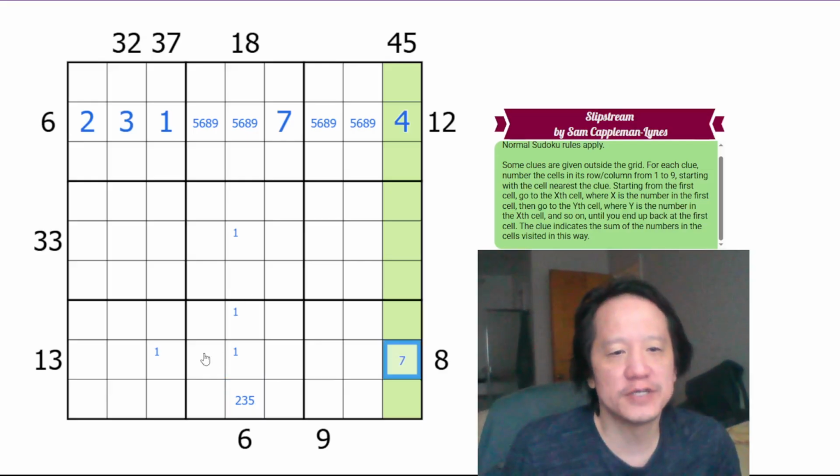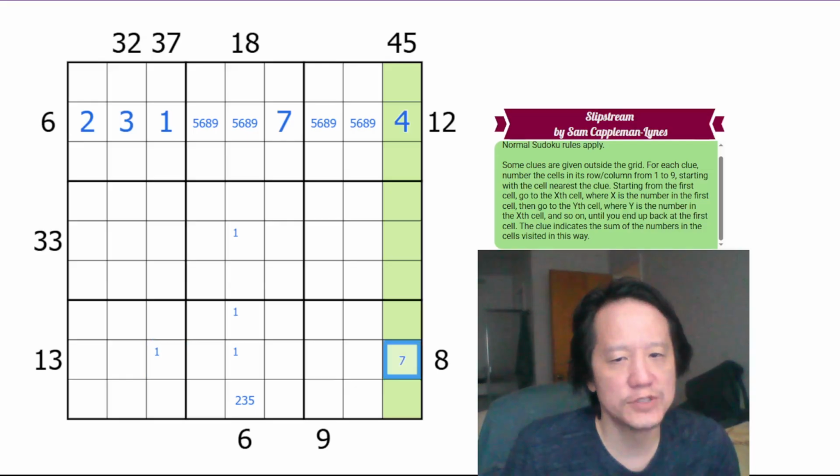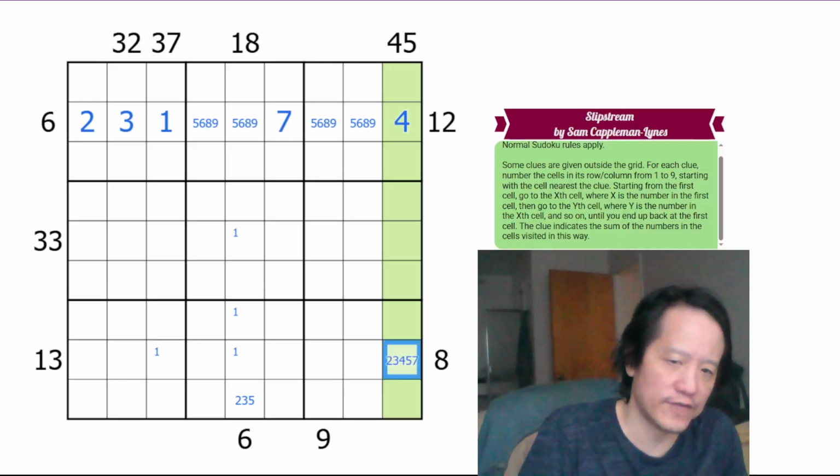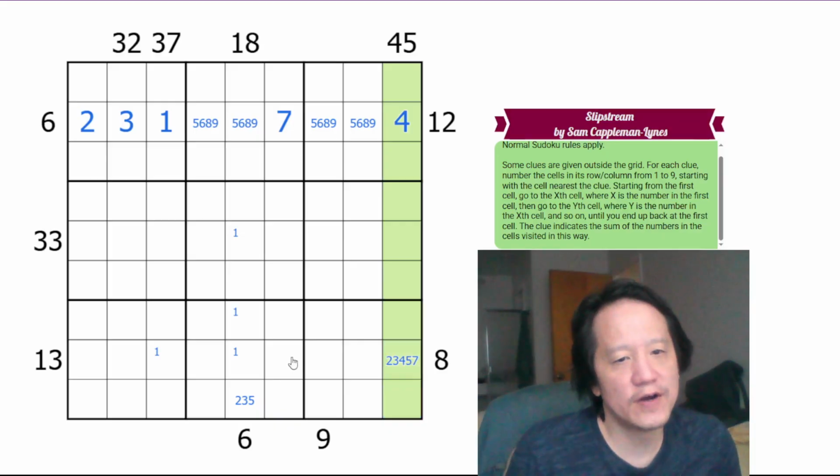For 8, it could be 7 and 1. We need a 1 as the last digit. So it could be 2, 5, and 1, or 3, 4, and 1. So this could be 2, 3, 4, or 5 here. It could be 5, 2, 1, 3, 4.